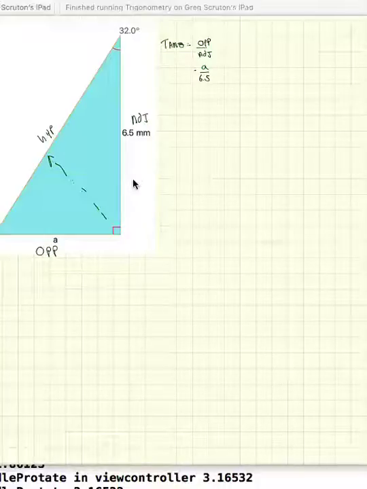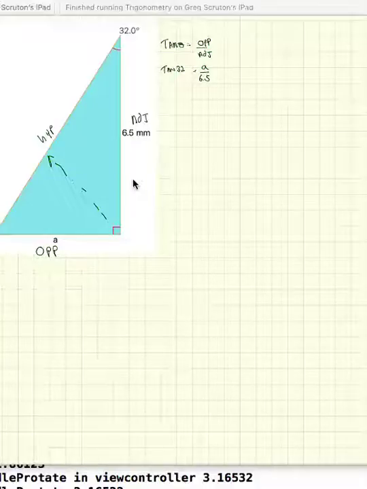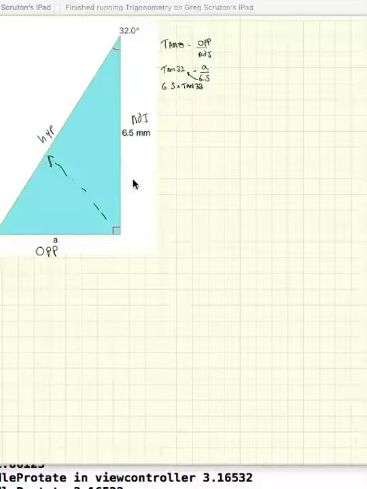Okay, and the angle is 32 degrees. So the tangent of 32 degrees is the same as A over 6.5. Now to solve for A, I want to get A alone, so I'm going to cross multiply the 6.5. So 6.5 times the tangent of 32 is equal to A.